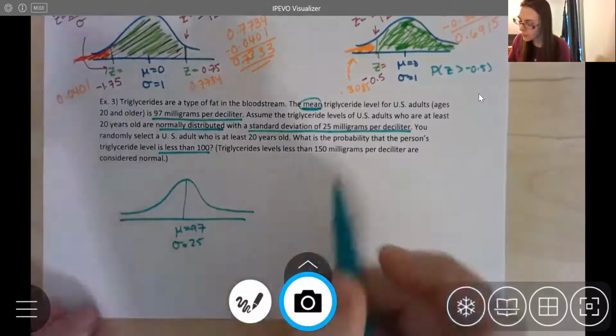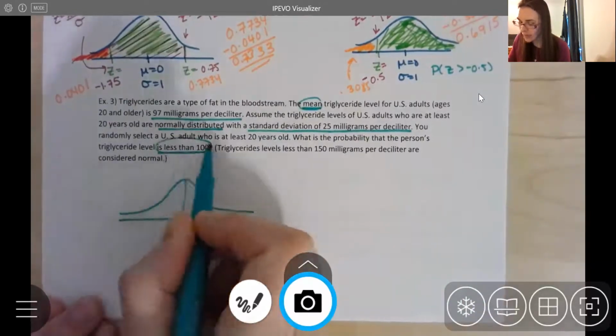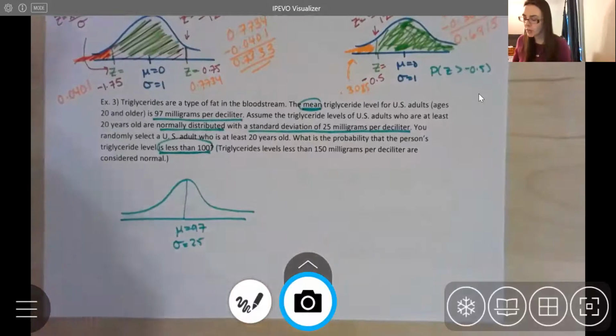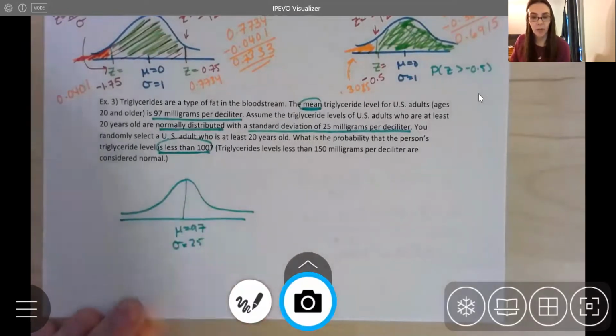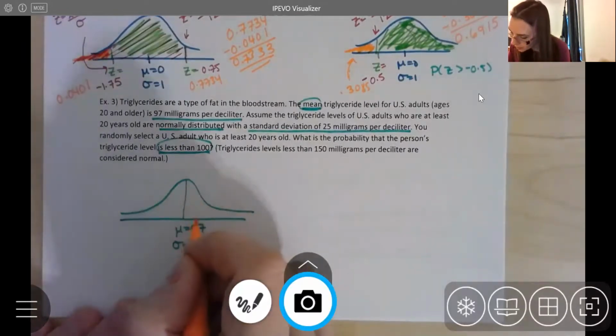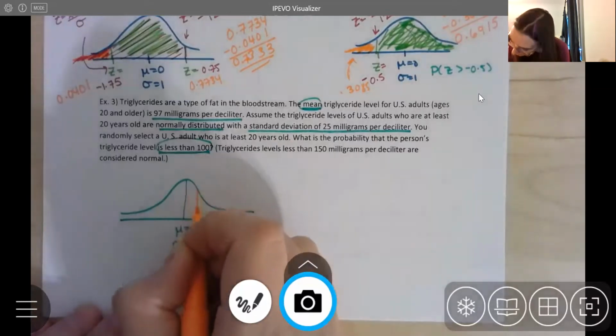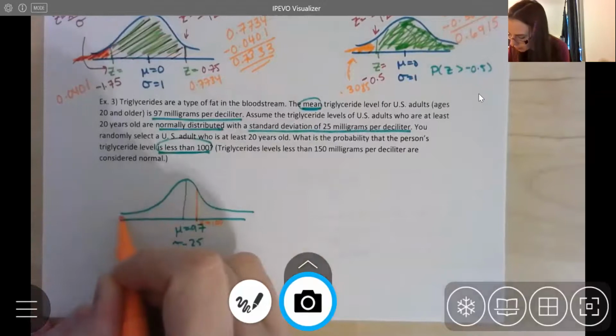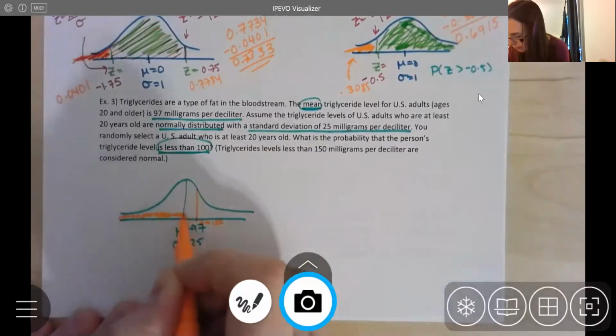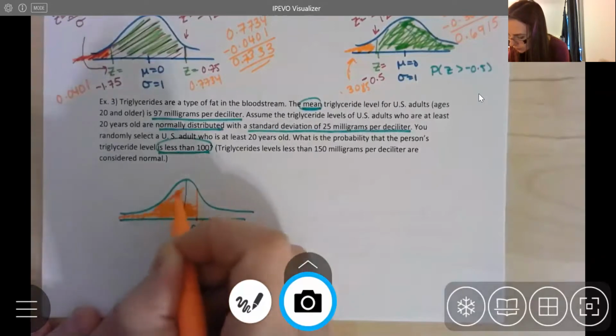And we're looking for levels less than 100. Now 97 is my center, so 100 is bigger than that, but not much. So maybe x equals 100 is right here. And I want values less than, so I'm looking for this area, right? Anything smaller. Less than, think left. We're shading.